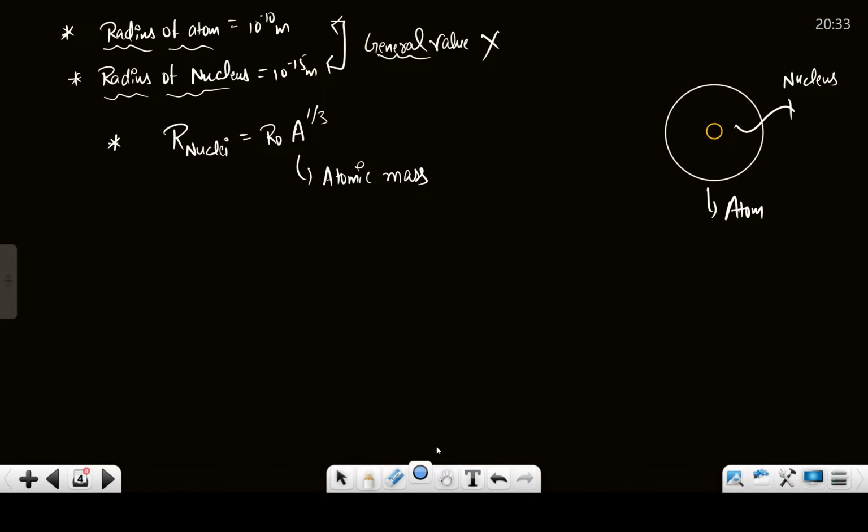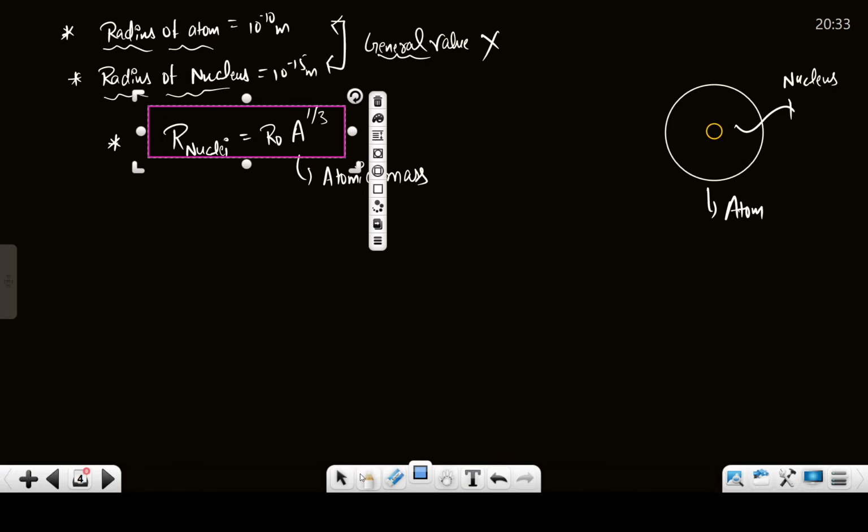Now I'm moving ahead. Sir, what is this? This is the formula to find the radius of the nucleus.